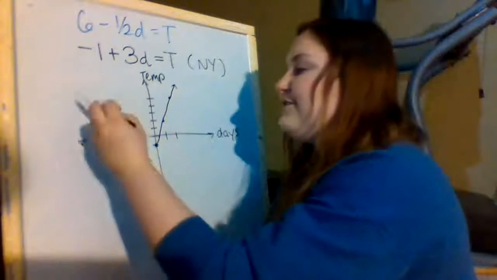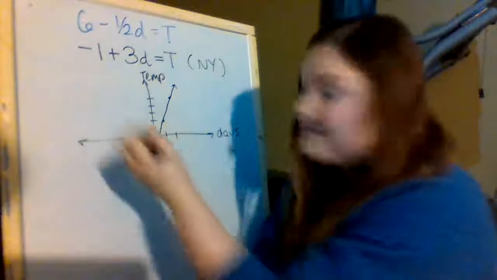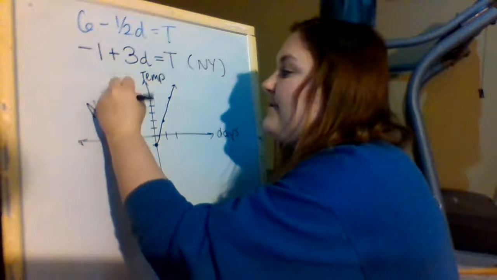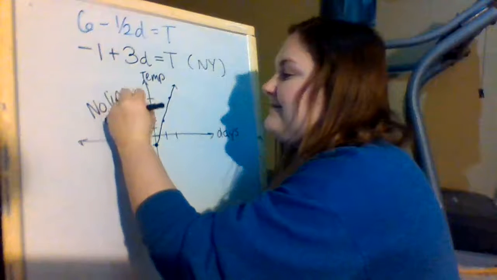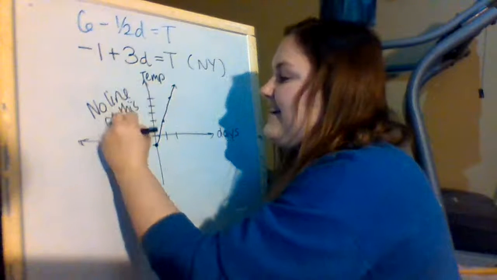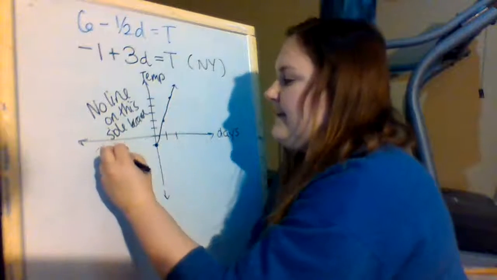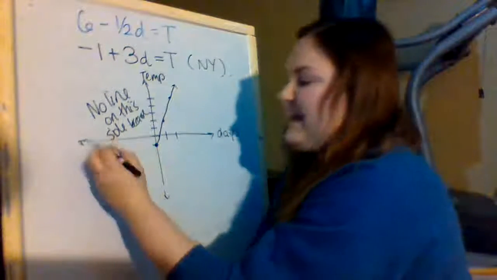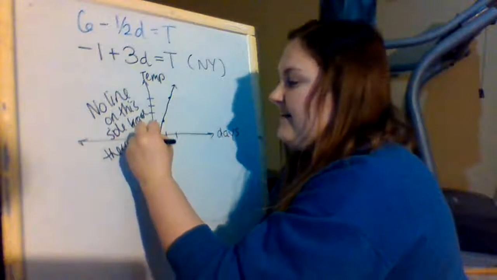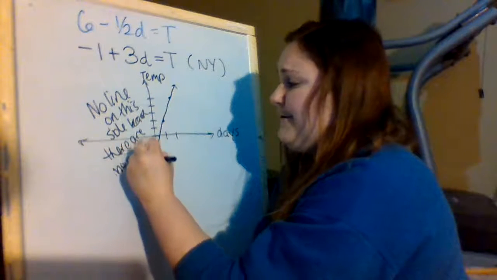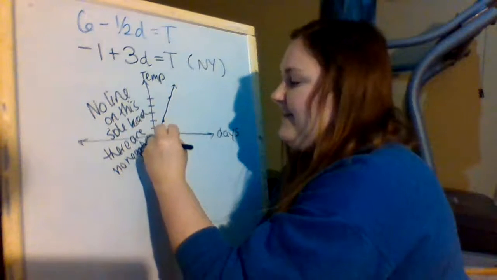If you want to on your graph, you can even write a note to yourself saying that there is no line on this side because there are no negative days.